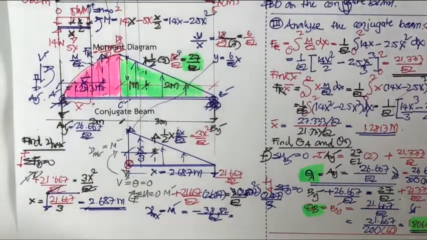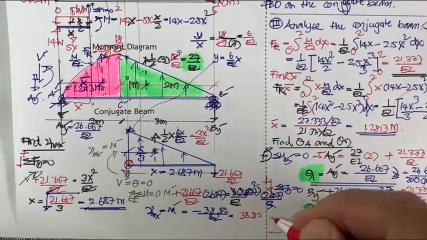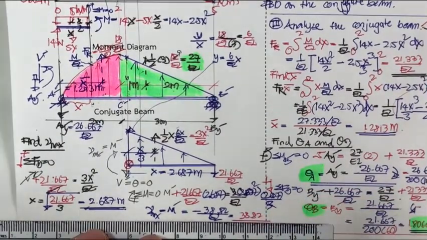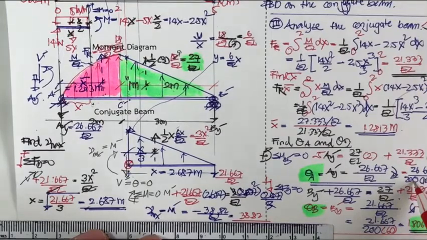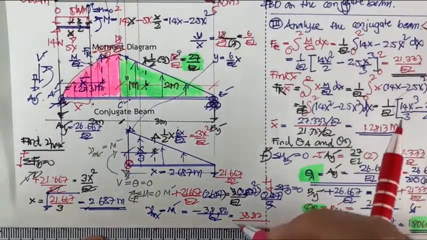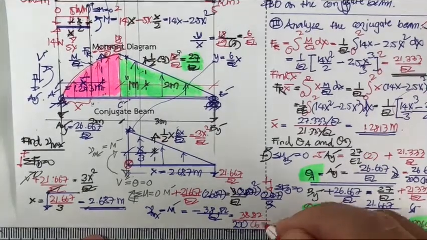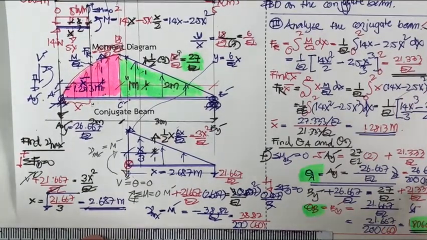It's going to be 38.82 and then divided by EI, divided by 200 and 60. You can reduce the form of this, you know this, right?